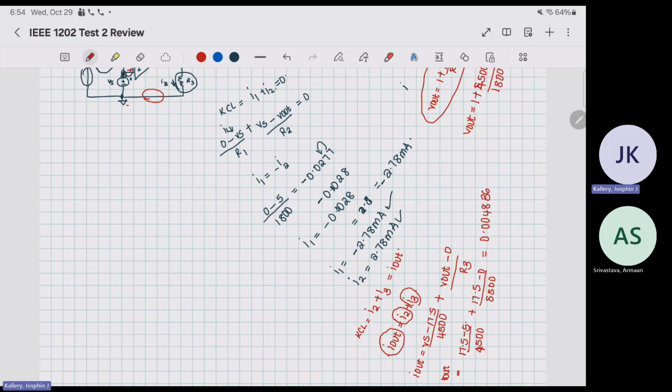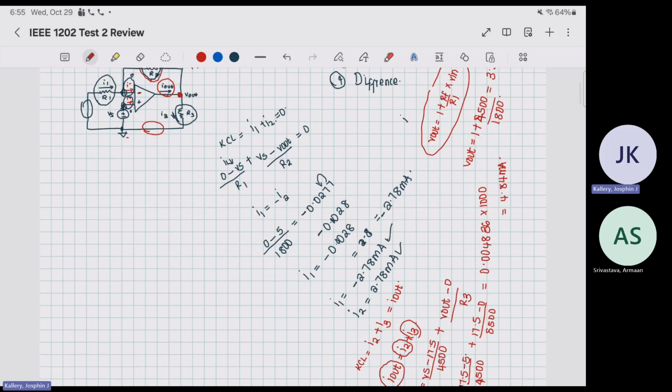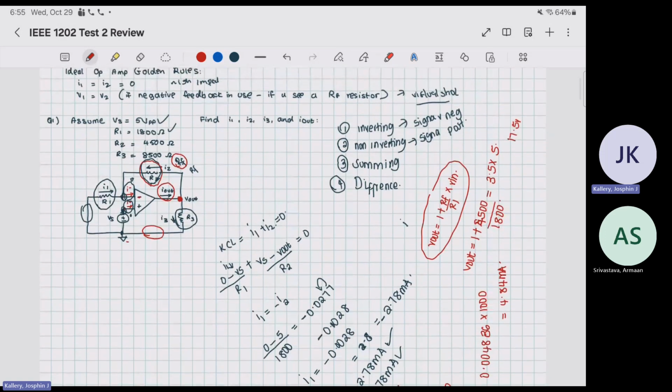It's always good to round it to 3 decimals because it's easier. When I take that answer times 1,000, we have 4.84 milliamperes. So that's how we got our currents.